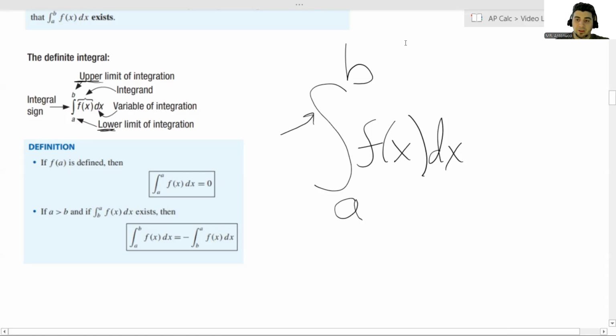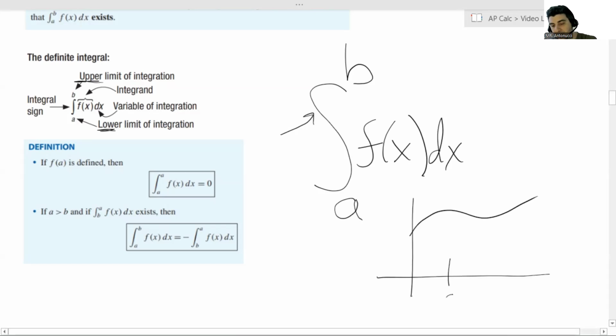So a couple things that follow from this are that if f of a is defined, then the definite integral from a to a of f of x dx equals zero. So think about it like this. If I have some function and I go from a to a.